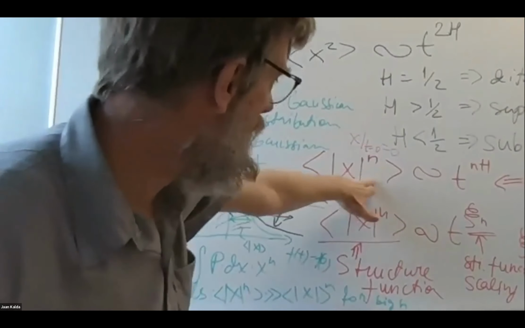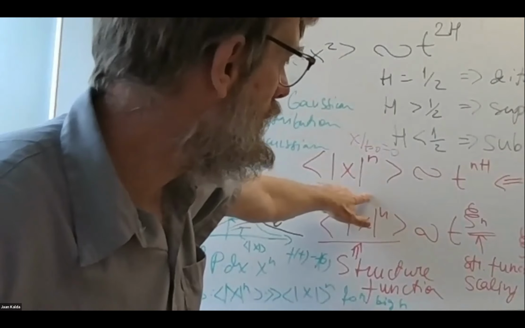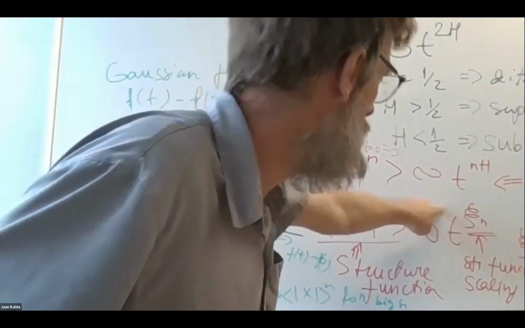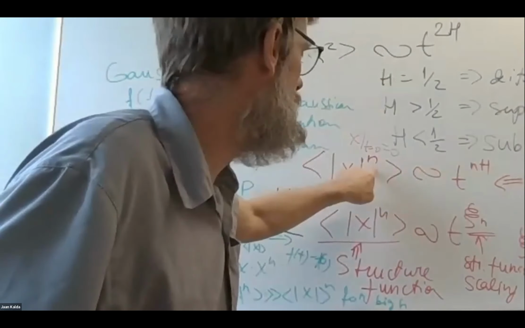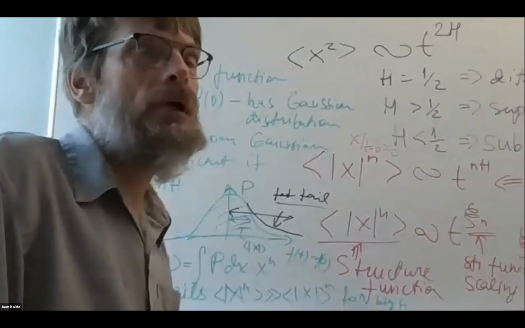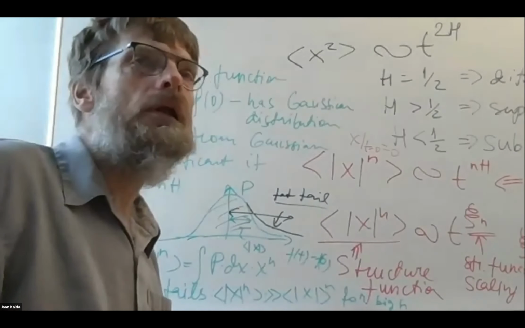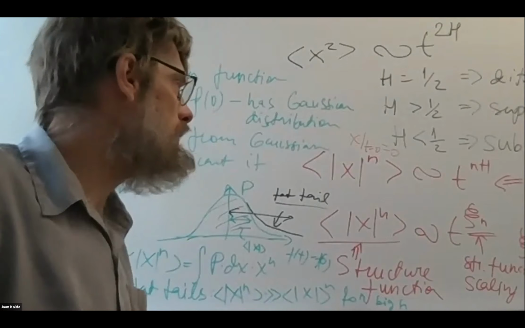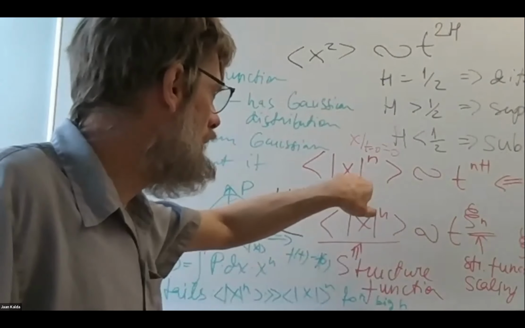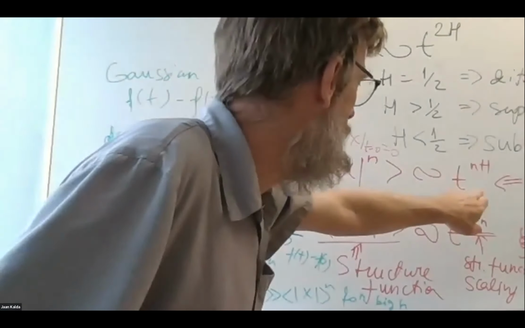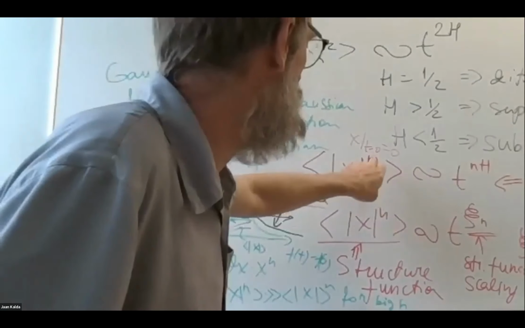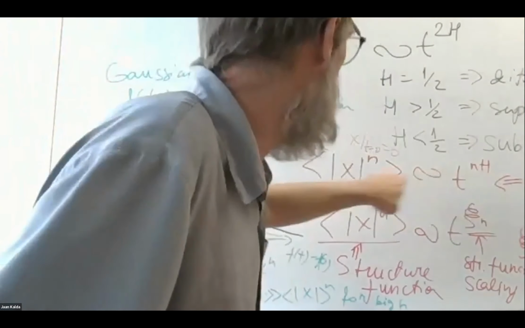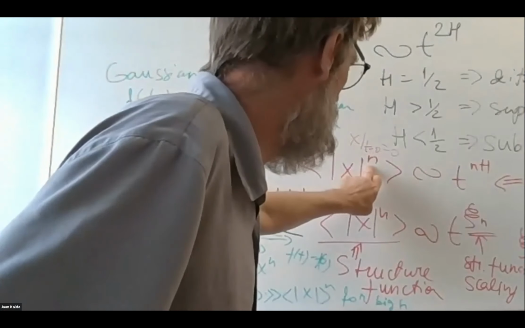If x to the power of n averaged grows as a power law, but the power law exponent is a nonlinear function of that index n, then we have a significantly intermittent time series. If we have a Gaussian time series, then x to the power 1 goes as a certain power of t, and x to the power of n goes as n times h, where h is the scaling exponent for n equals 1.